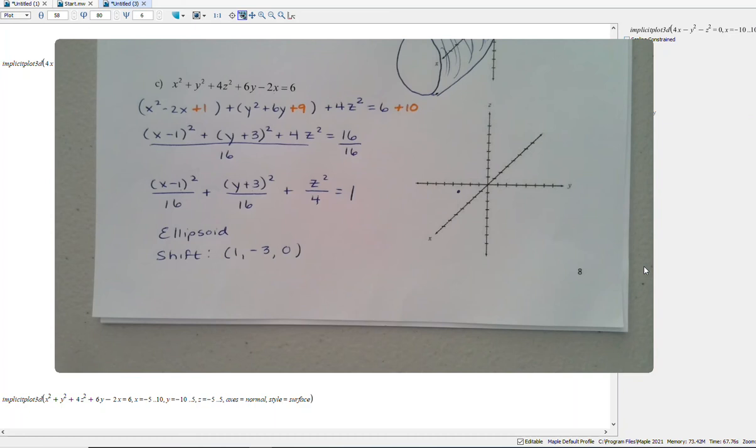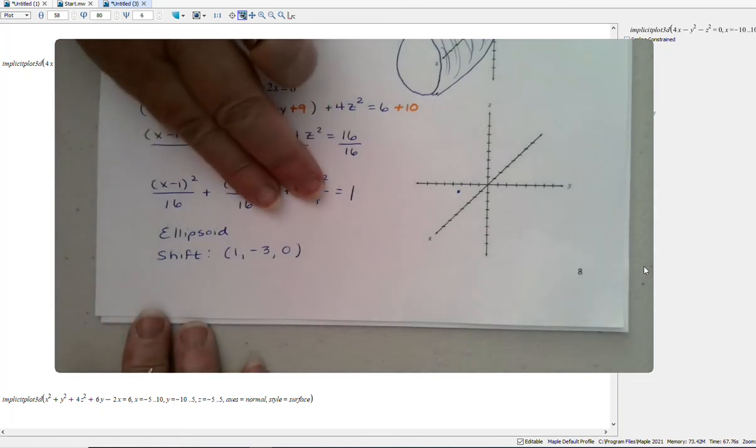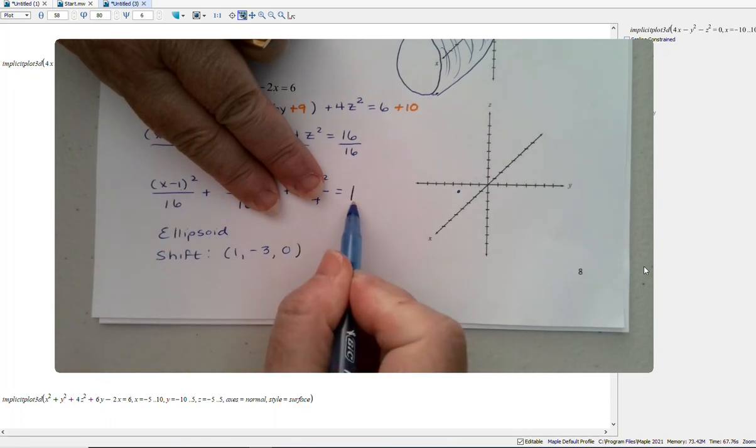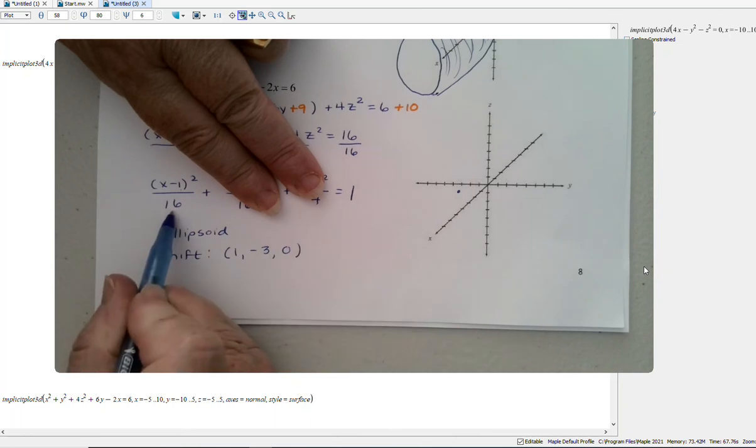And then in order to figure out kind of how far to go in each direction, what I'm going to do is think in terms of each variable individually. So if I just think about the x's for a moment, if I brought that 16 over here and took the square root, from the center I would be at plus or minus 4.